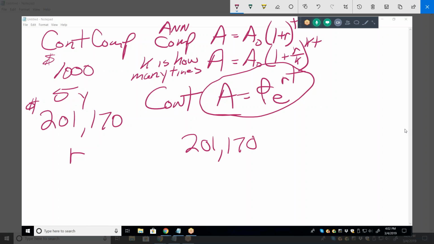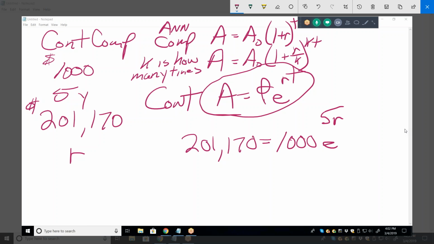201,170 equals, or wait, actually, I don't know if that's A or if that's P. It's the same thing. P is the same as A sub 0. In other words, P is your starting amount. So 1,000 is, e is a number, e to the power of r times 5?